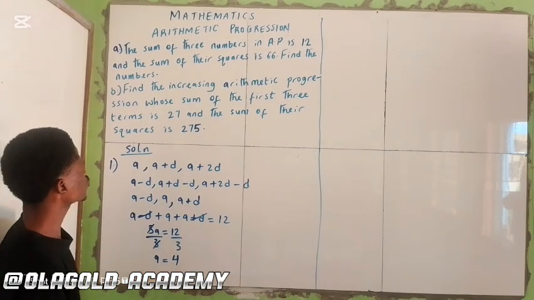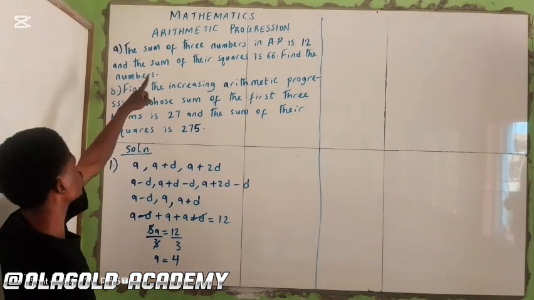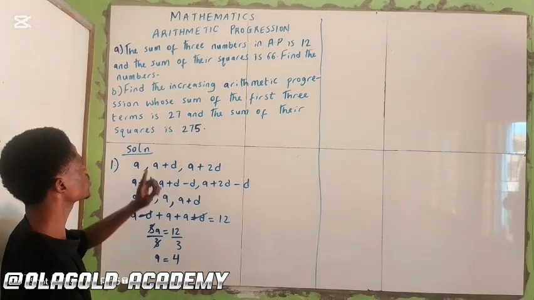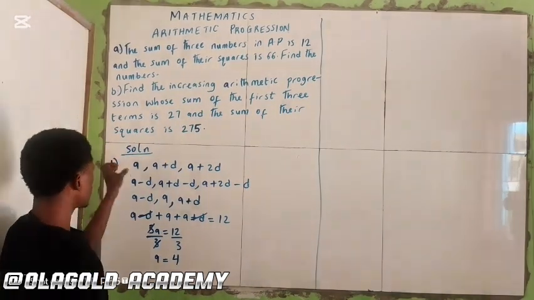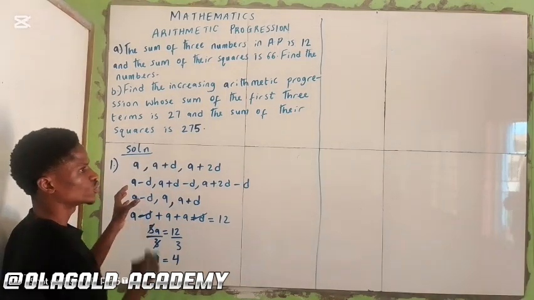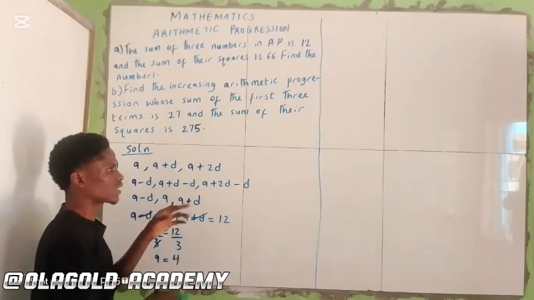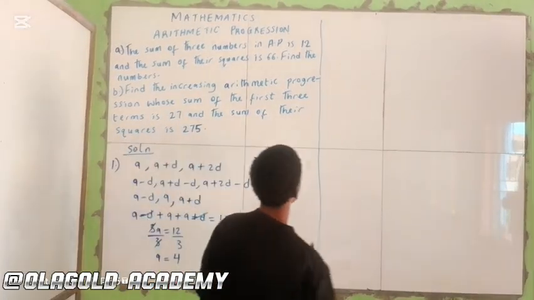Okay, we are told again that the sum of their squares is 66. It means if we add up the squares of these numbers, we are going to get 66. Now, how do we express that?